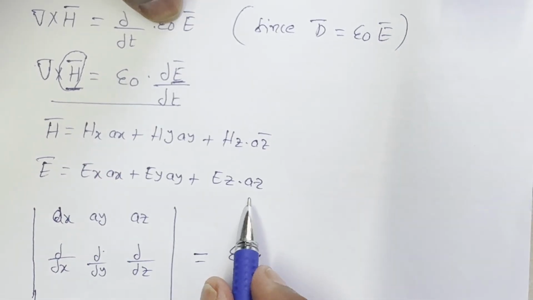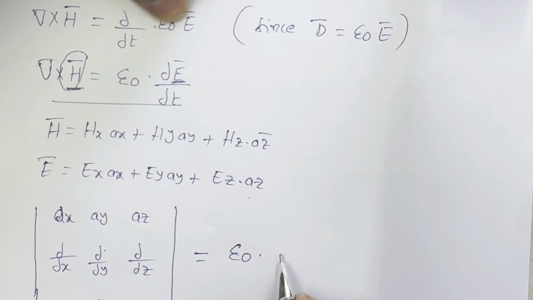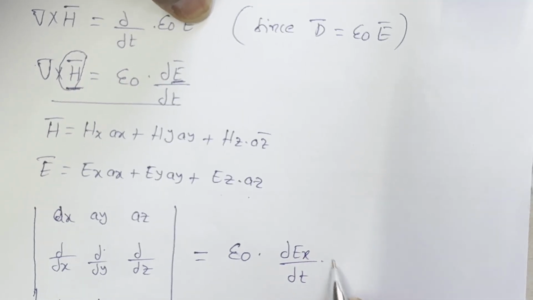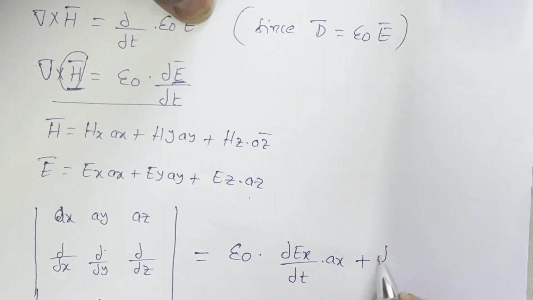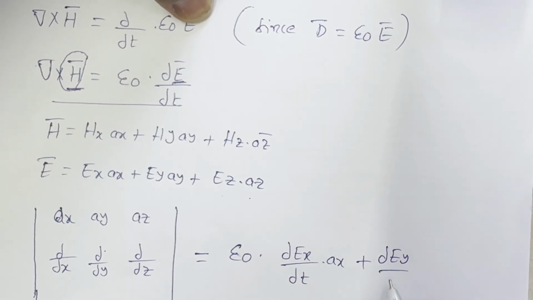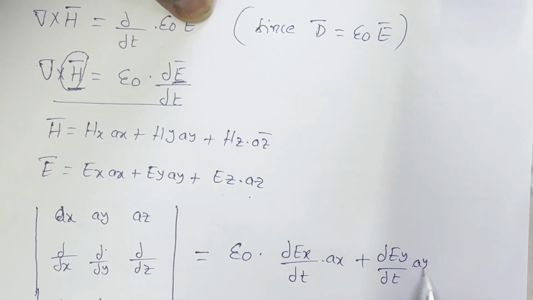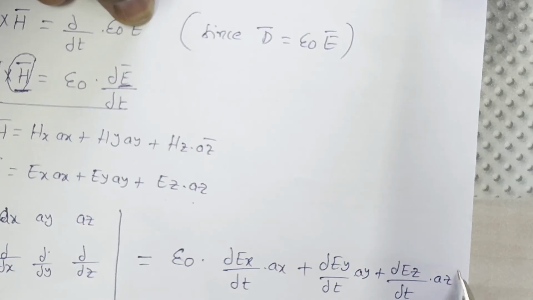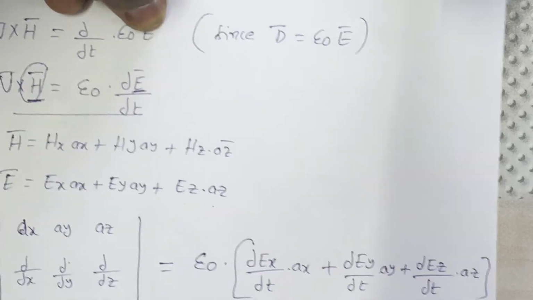E bar can be expanded like this: dou Ex by dou t into Ax plus dou Ey by dou t into Ay plus dou Ez by dou t into Az. This is the expression.